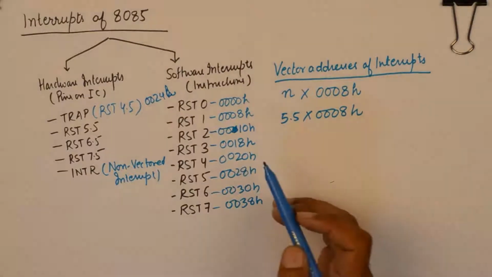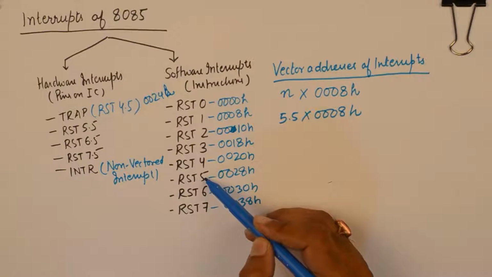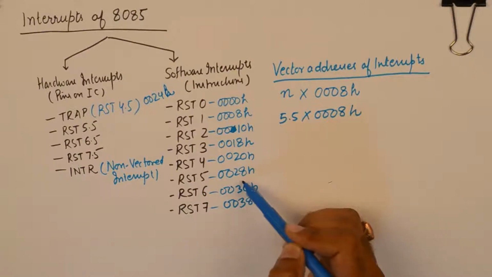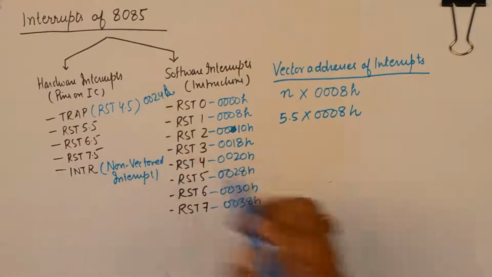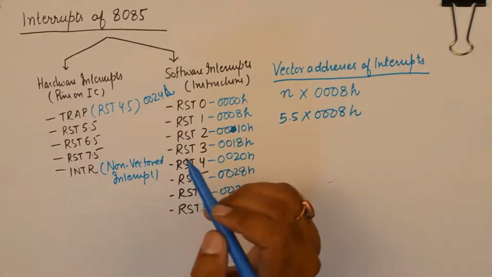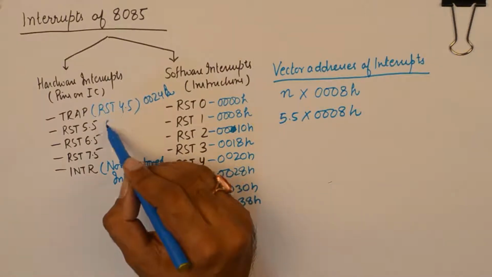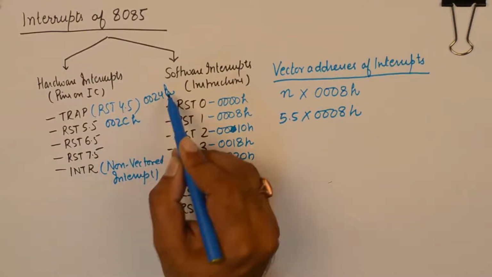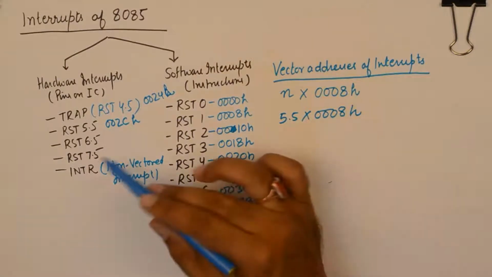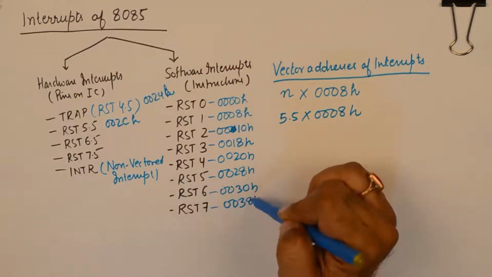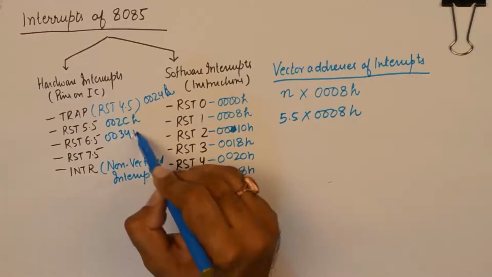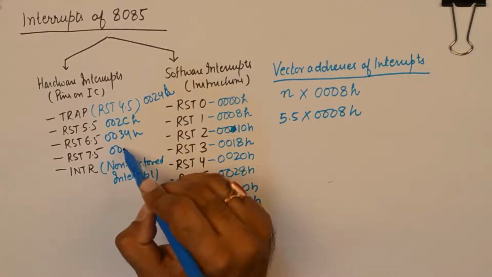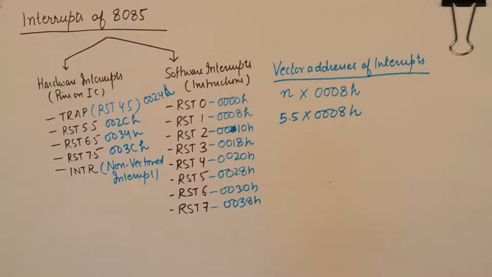and similarly 5.5 will lie between 5 and 6, so that will be 28, 29, 2A, 2B left out, and it will be 2C. So 002C, and then 6.5 will lie between 30 and 38, exactly in the middle, so that will be 0034, and finally 003CH.